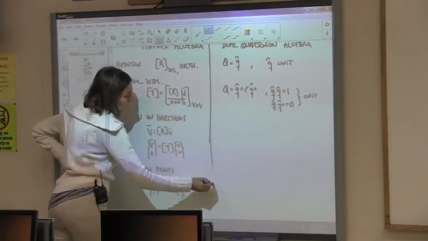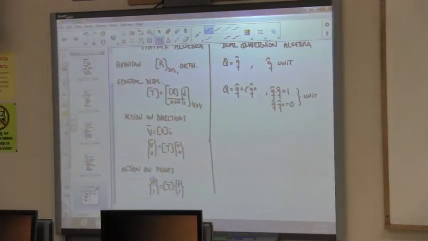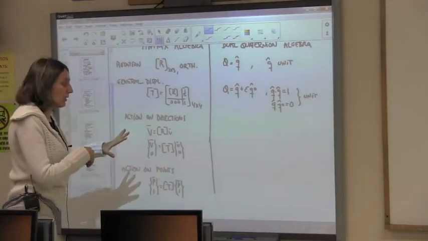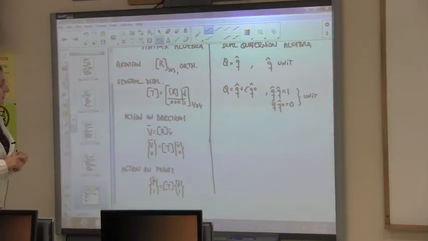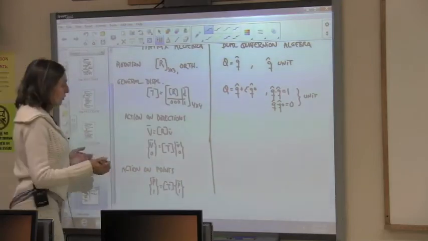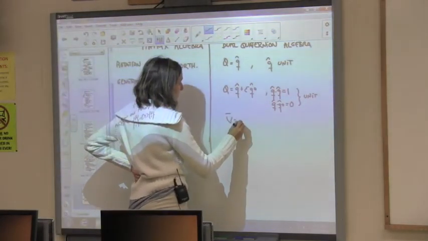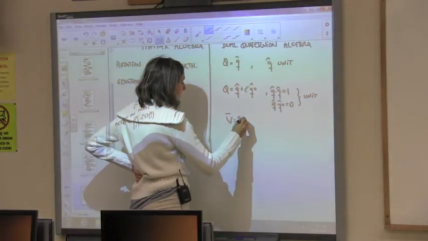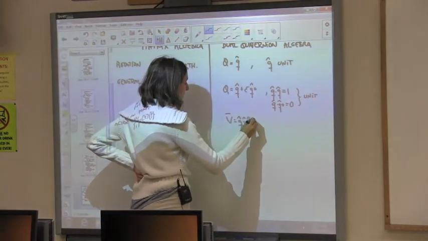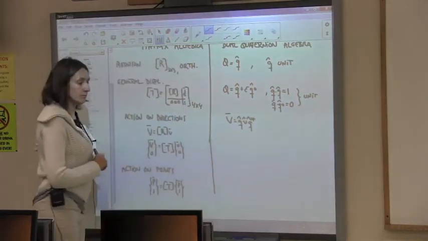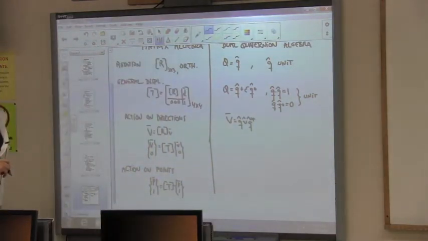With the dual quaternion algebra, this action uses the conjugation, and we saw that with the Hamilton quaternions. It's the same thing here. So if you want this v direction, what you need to do is q little v, q conjugate. That gives you a rotation.